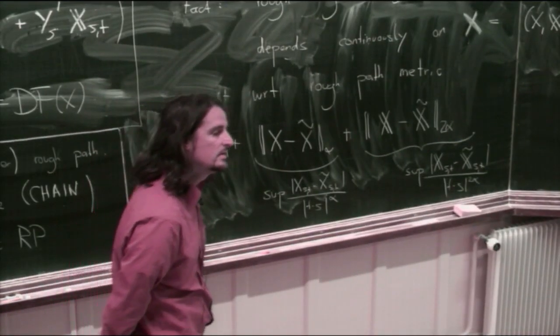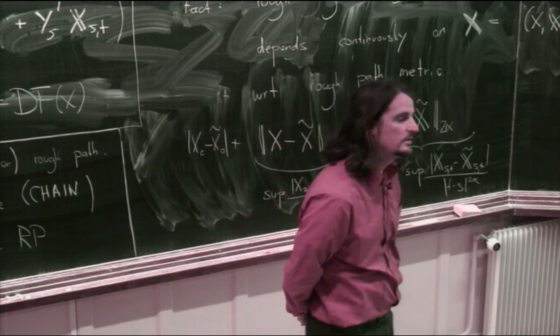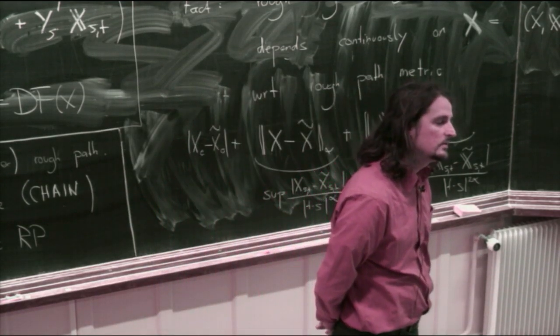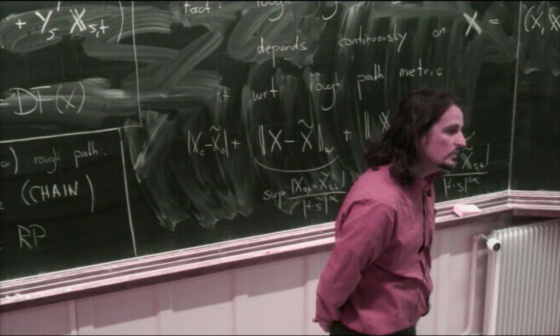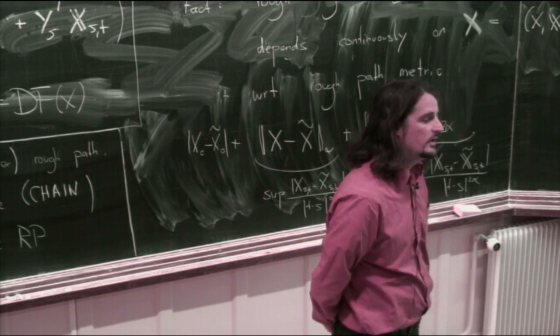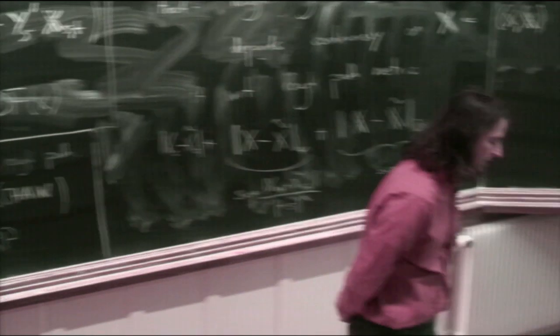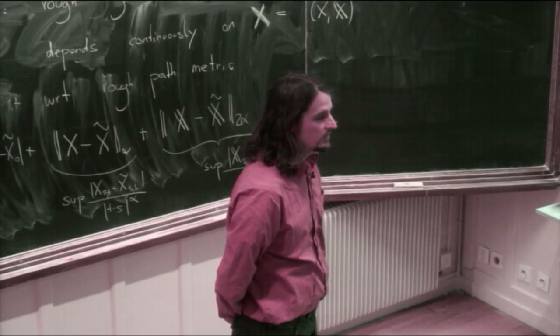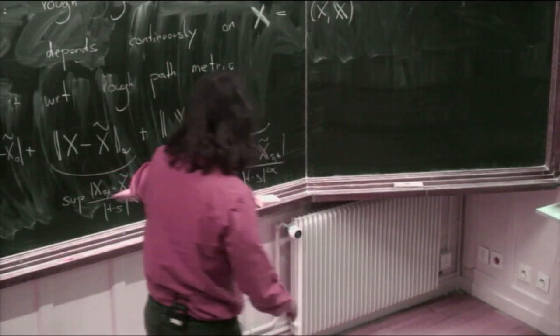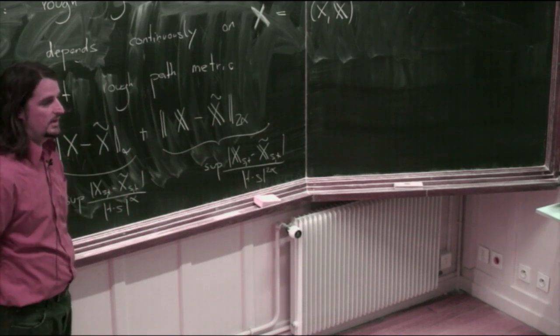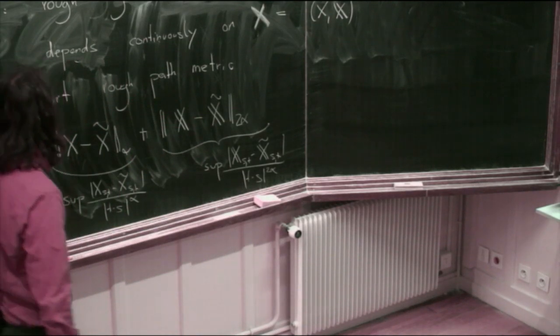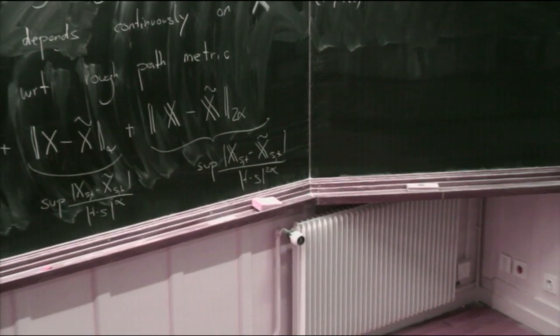Can we prove this further, such continuity? If you're in dimension 1, there's no problem. Then you will get continuity in the sup norm, so then you don't need this whole machinery. Lévy area doesn't matter. You can see it here.